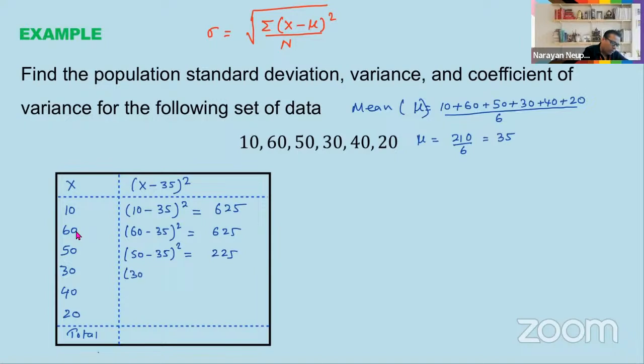Next, we have 30 minus 35 squared, that's 25. 40 minus 35 squared, that's also 25. And 20 minus 35 squared is 225.